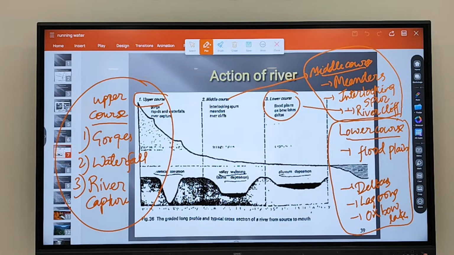When the river is flowing in the upper course, what is going to form? Gorges, waterfall, and river capture. In the middle course? Meanders, interlocking spur, and river cliff. In the lower course? Floodplain, delta, lagoons, and oxbow lake. Fine.